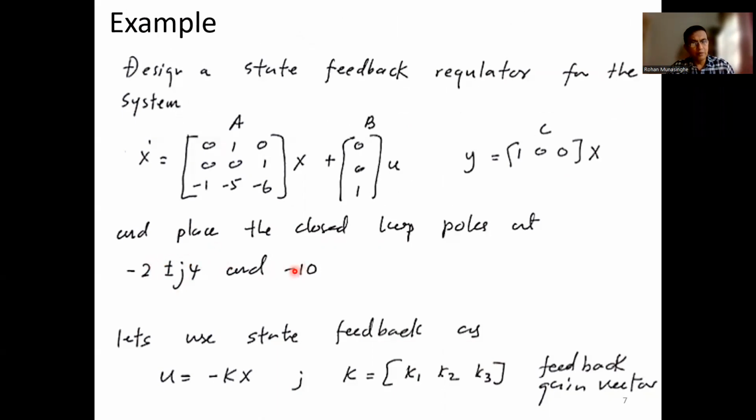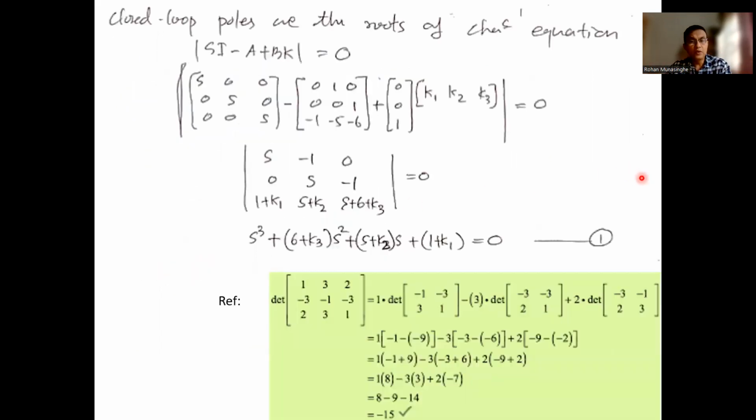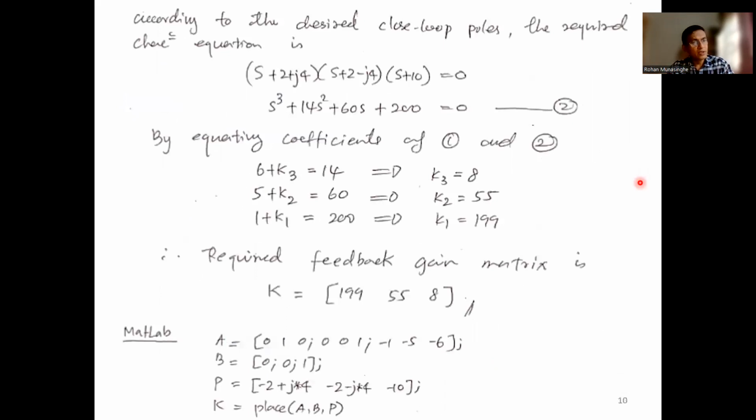Line them up: first pole, second pole, third pole, and s minus first pole times s minus second pole times s minus third pole, and multiply them together. So you have your characteristic equation straight away from the desired poles. And you have the characteristic equation from the state feedback path. So both paths lead to the same thing.